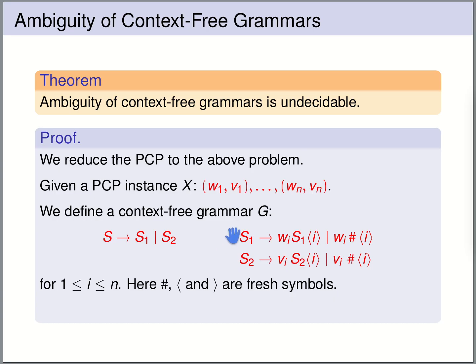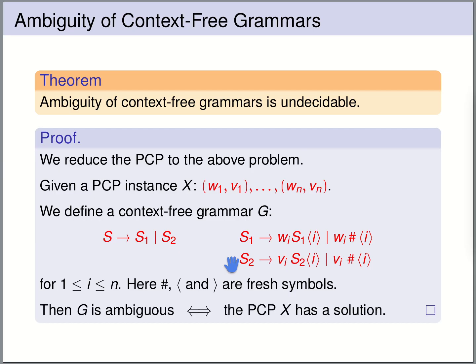So if the language of S1 and the language of S2 have a non-empty intersection. So as a consequence, the grammar G that we've defined is ambiguous if and only if the post-correspondence problem that we started from has a solution. And we know that this is undecidable, therefore ambiguity of context-free grammars must be undecidable as well.